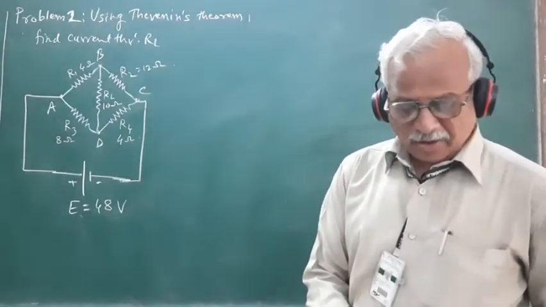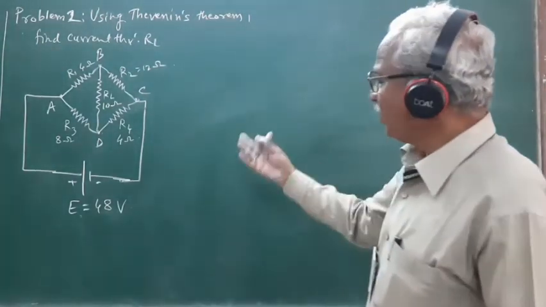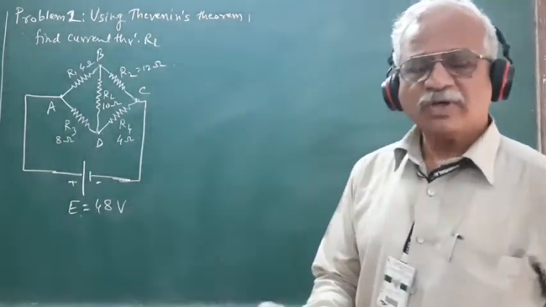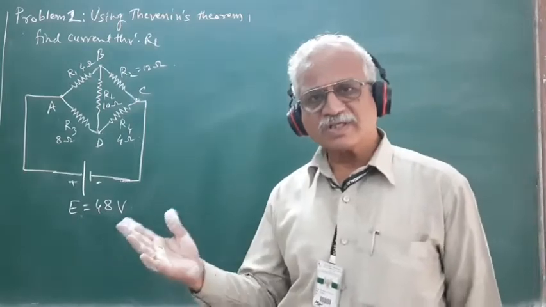Now, in order to obtain the current flowing to this load resistance, first what we need to do is we have to remove the load resistance from the terminals.